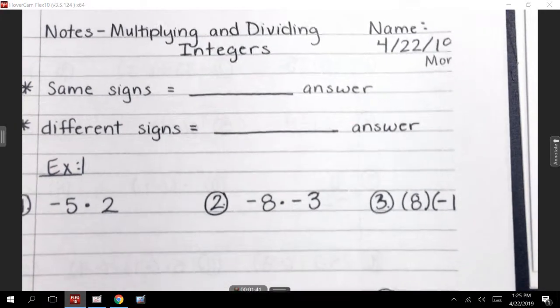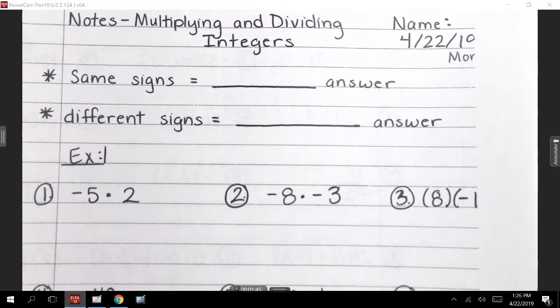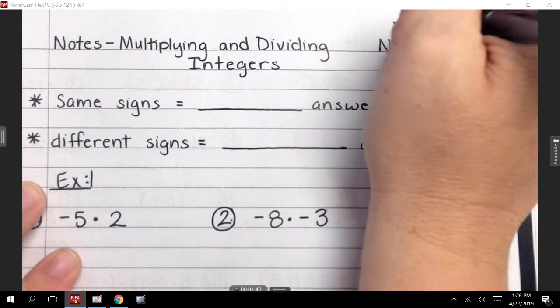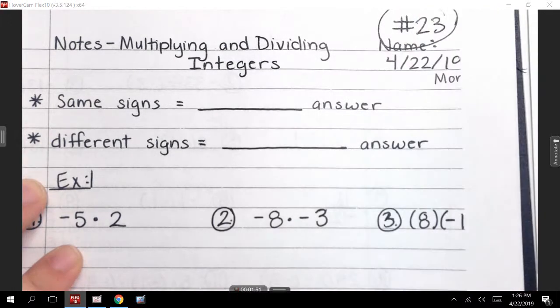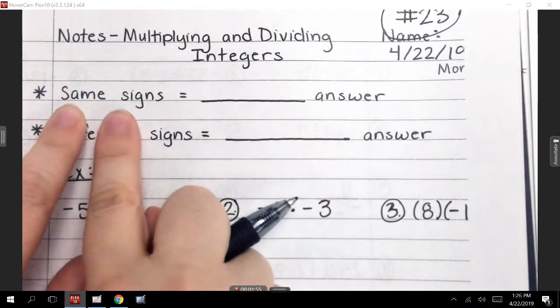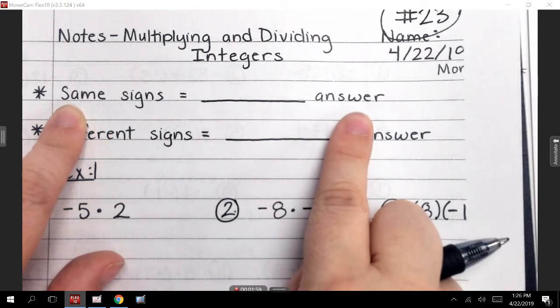So based on what we just kind of saw and what we talked about at the beginning when y'all came in, make sure this is number 23. Number 23. When we're multiplying and dividing, if your two numbers have the same sign, what type of answer should you get, Fernando? You will get a positive.